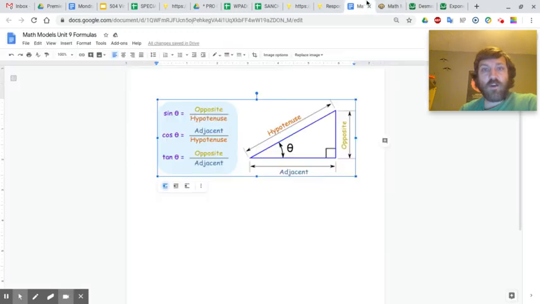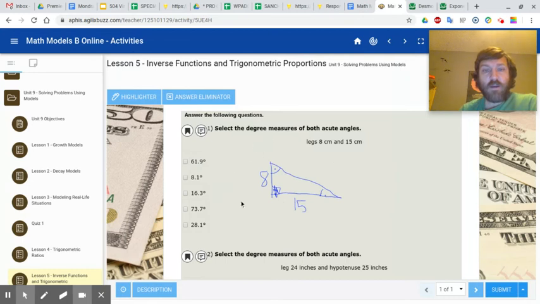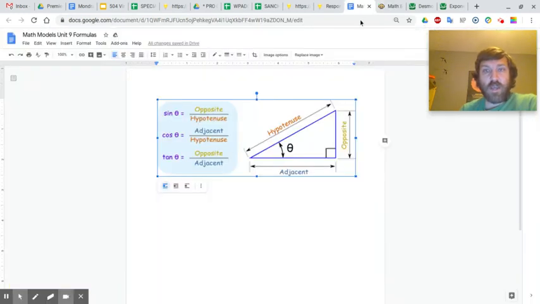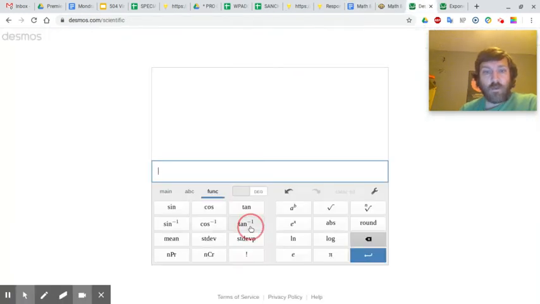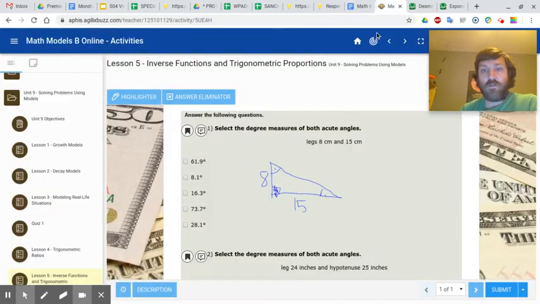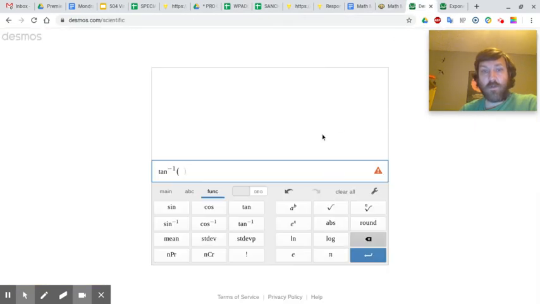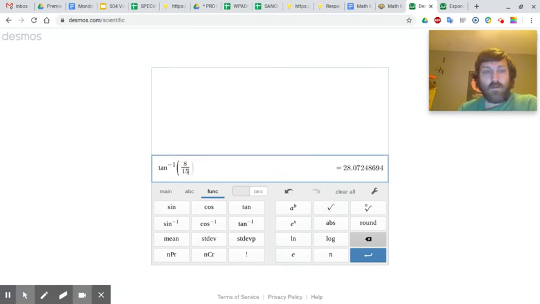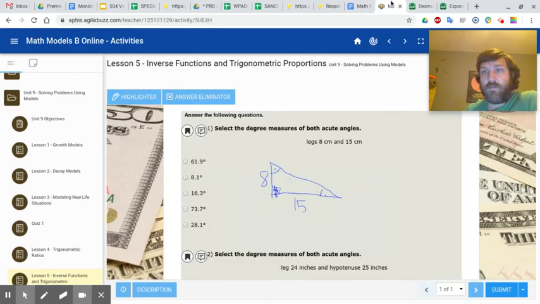Since we already determined that we're looking at the tangent, opposite and adjacent, I do the tangent -1, the inverse tangent of 8 divided by 15. So we're finding the tangent inverse of this, and it's going to give us the angle, which is 28.07. So that's going to be this answer right here.